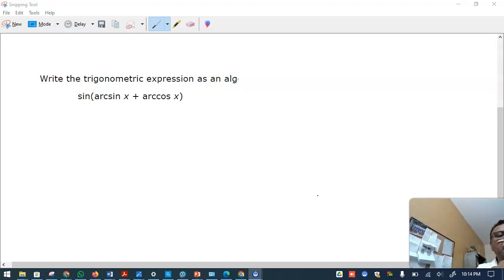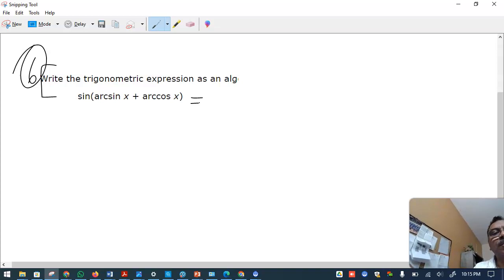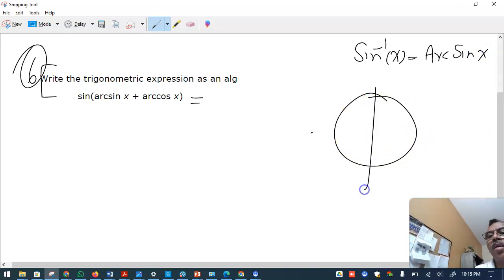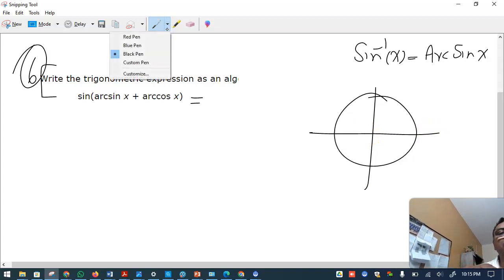Okay, this is practice problem number 6. So let's see. How do we find this? This is same as, if I write sine inverse of x, it is same as writing arc sine x. In other words, if we have a unit circle, the domain of sine inverse is this arc.